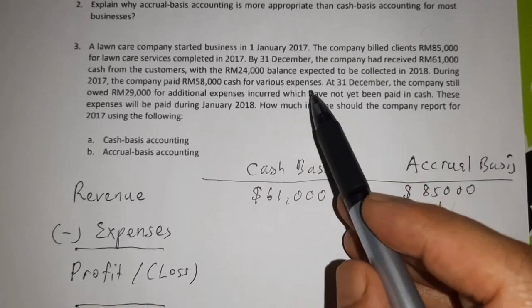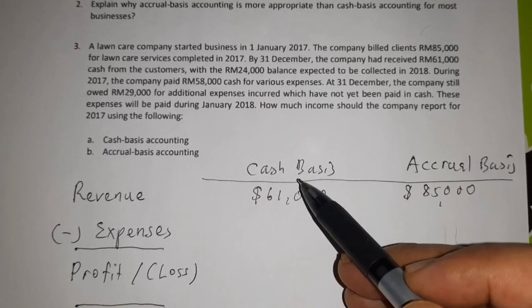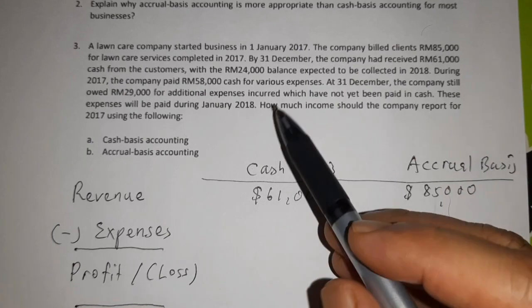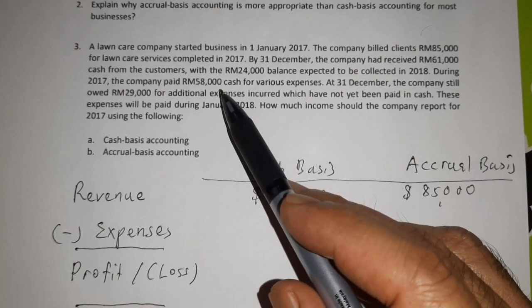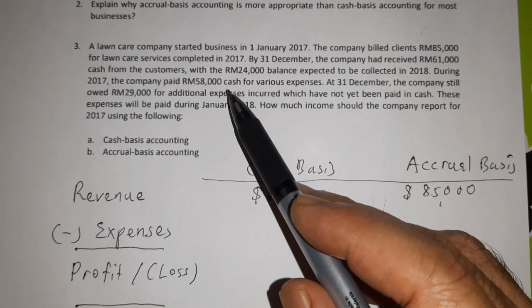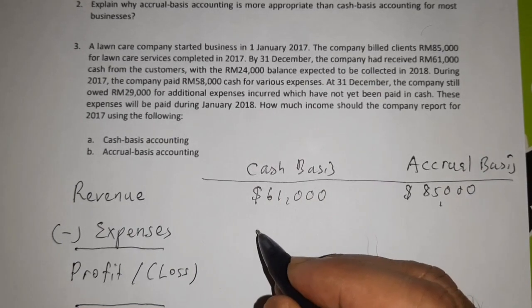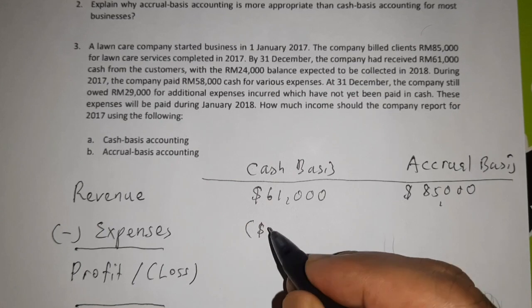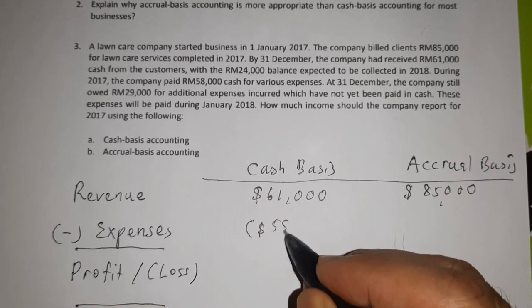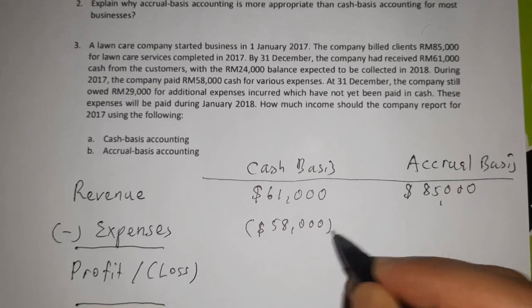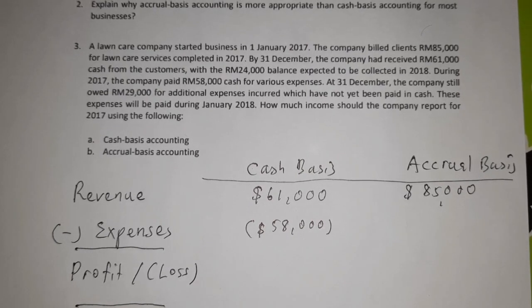So you can see here, if you use cash basis accounting, the expenses equal 58,000, which is the amount of cash paid by the business. But when you use accrual basis accounting, expenses are related to things that had happened during the year.